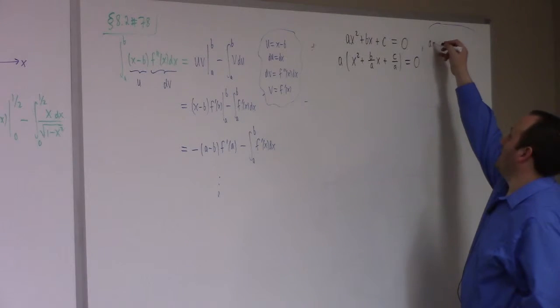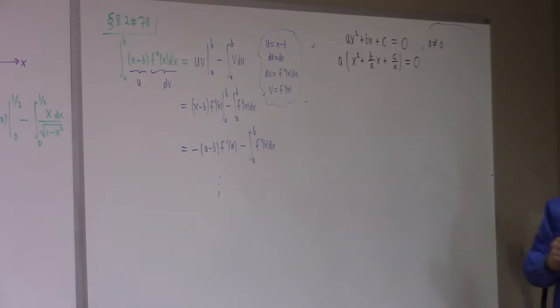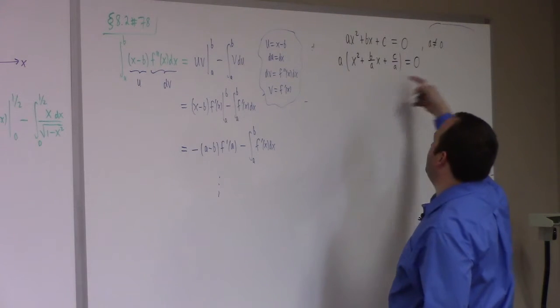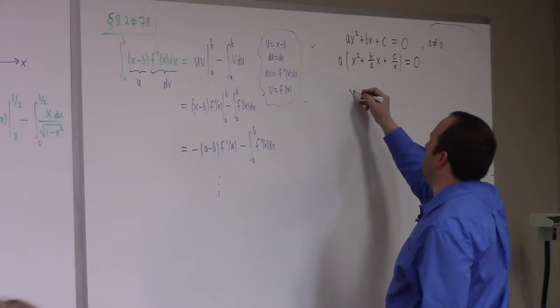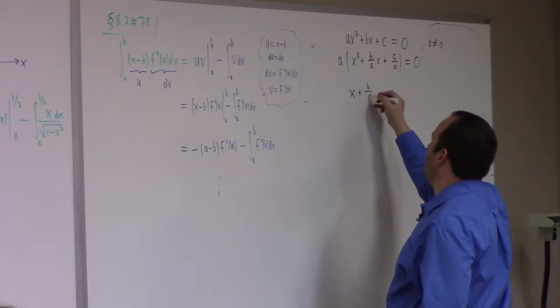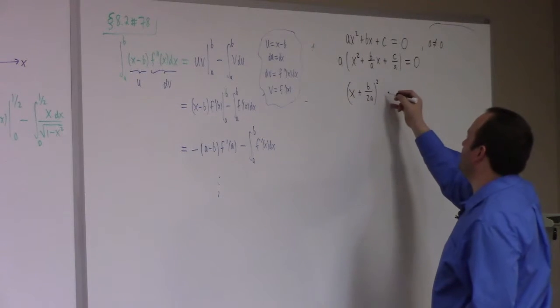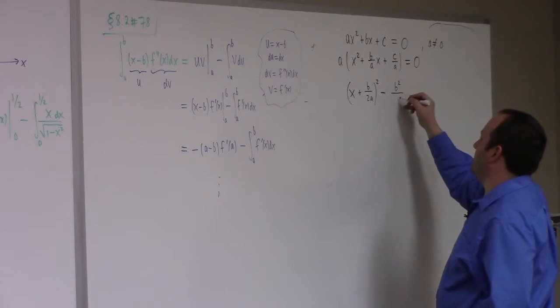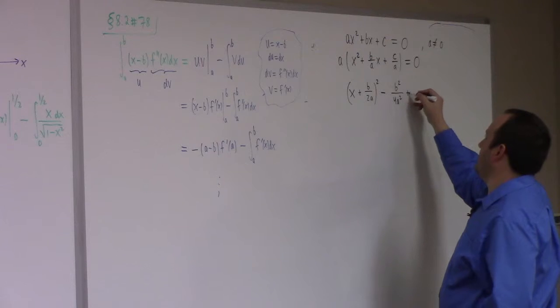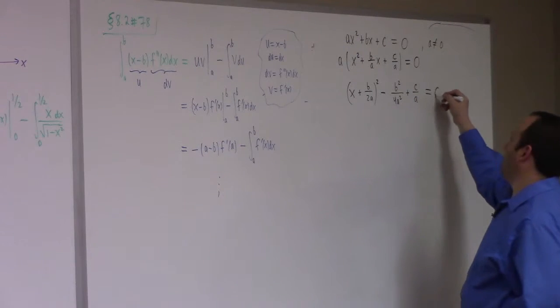And we're assuming a is not equal to 0. So then what's my next step? I can divide by a, right? And so I have x plus b over 2a, quantity squared. Then what? Minus b squared over 4a squared plus c over a. What did I do?